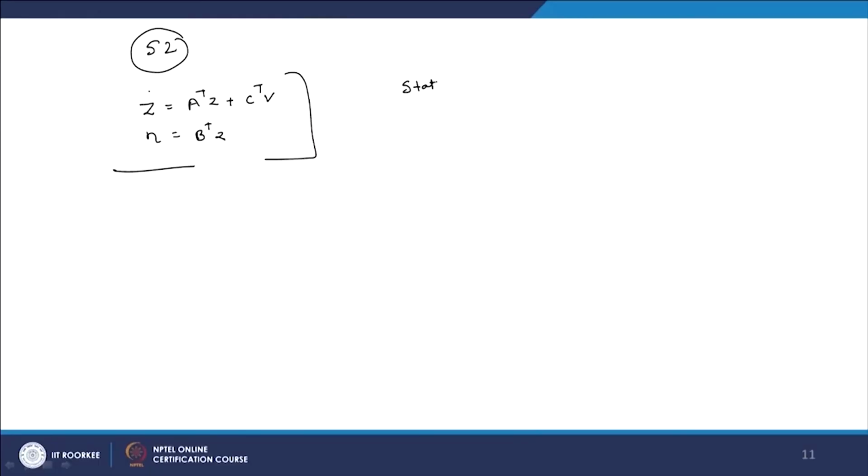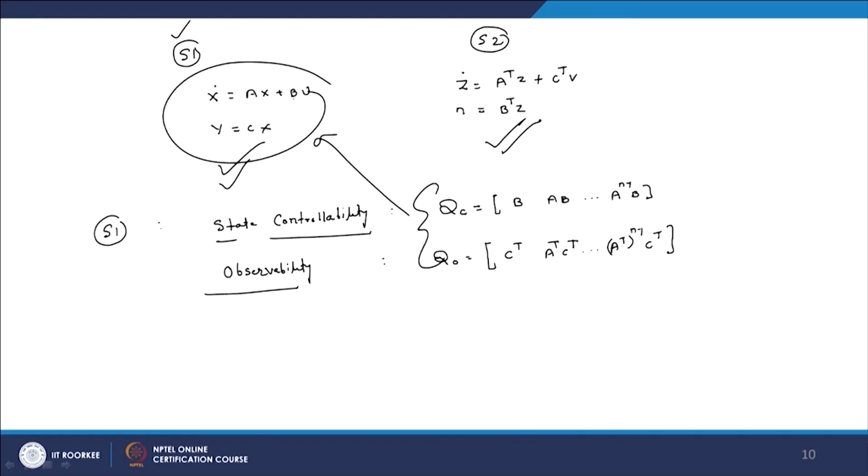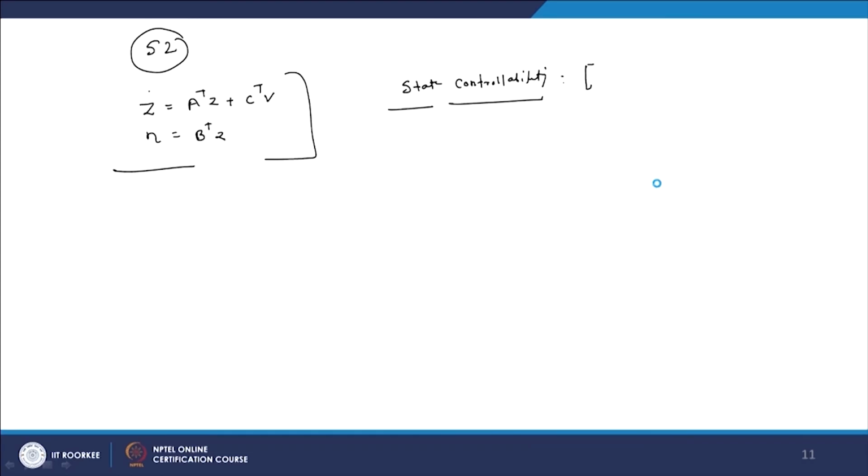Earlier, in checking controllability we took B, AB, up to A raised to n minus 1 B. Here the equation is in terms of A transpose and C transpose, so state controllability starts with C transpose, which is nothing but the B of the original system.